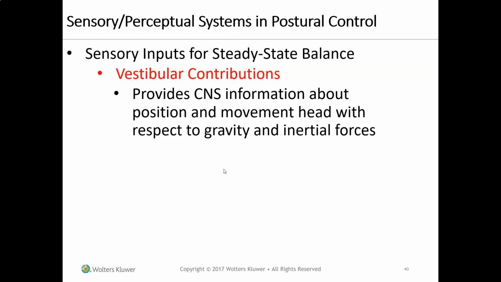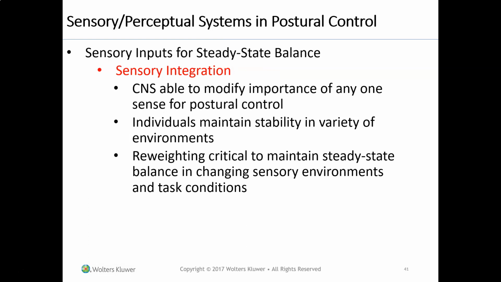And then I showed you that cool little device that they use, the posturography, that will test all those three different systems. Now, sensory integration: the CNS is capable of modifying the importance of any one sense for postural control. Individuals maintain stability in a variety of different environments. Reweighting is critical to maintain steady state balance in changing sensory environments and task conditions.